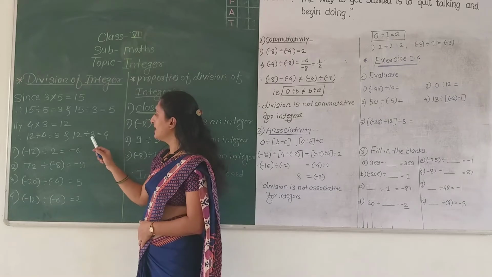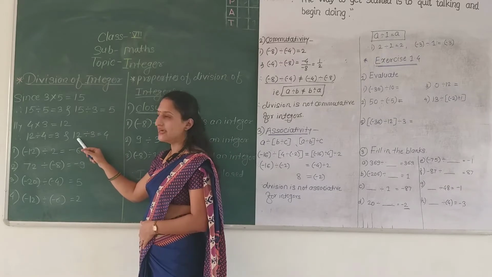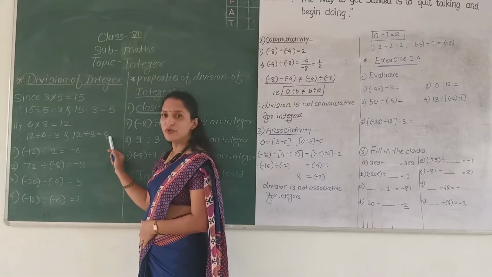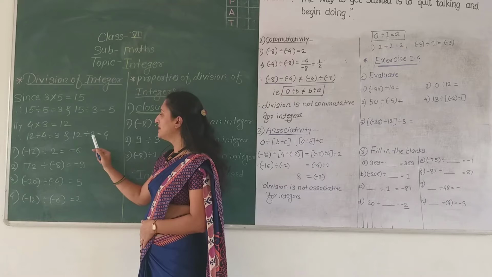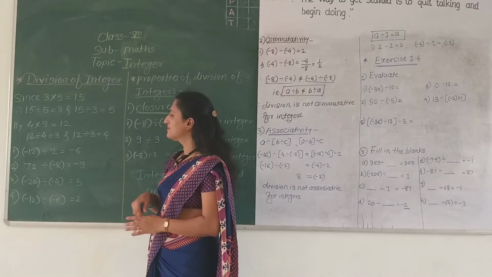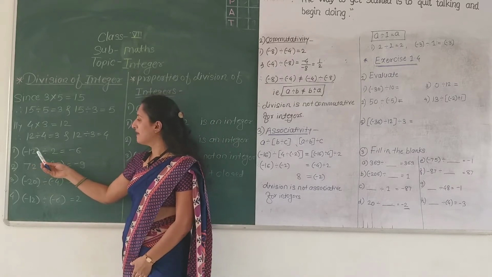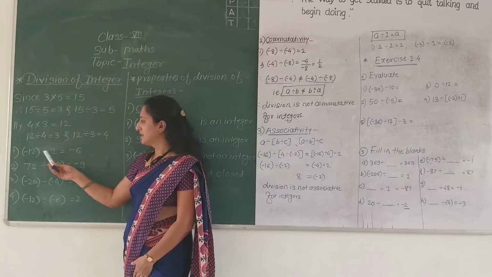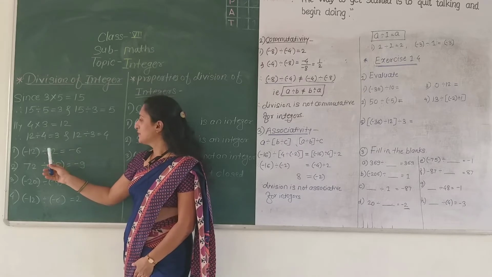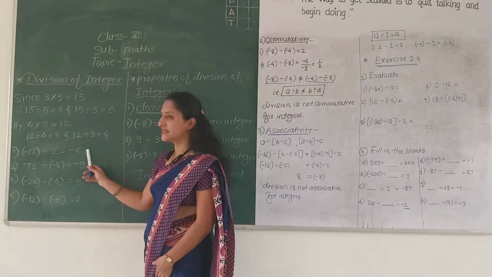Now 12 divided by 3 is equal to 4. Here 12 is the dividend, 3 is the divisor and 4 is the quotient. Dividend, divisor and quotient, all of you know this. Now when we divide negative 12 by 2, how is it calculated? 2 6's are 12, so the answer is 6.